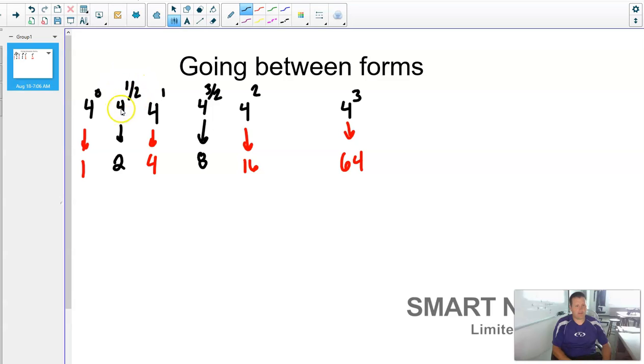Here's how we could rewrite this. 4 to the 1/2 is the same thing as the square root of 4, which we all know is 2. 4 to the 3/2 is the square root of 4 to the 3rd, or 4 to the 3rd is 64, so the square root of 64, which is just 8. And that's where we get those values from.